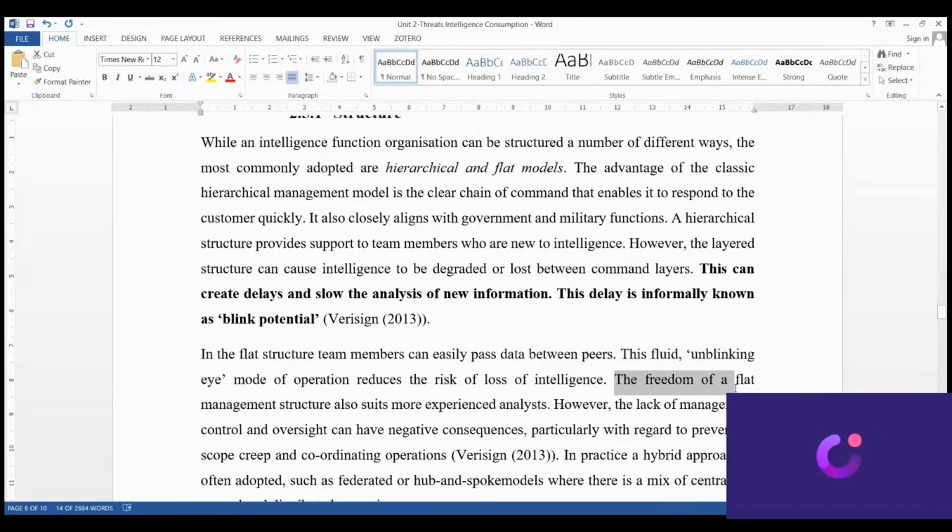The freedom of a flat management structure also suits more experienced analysts.